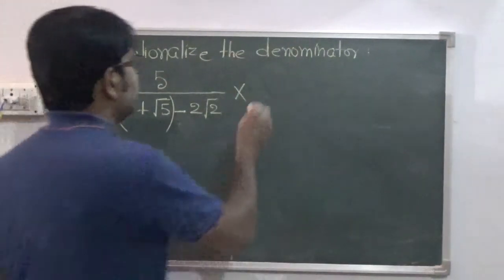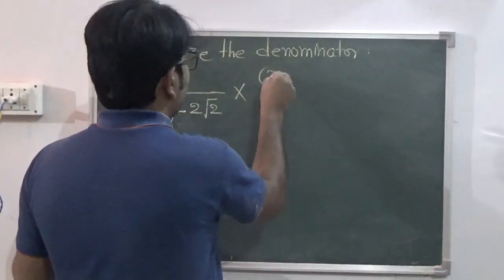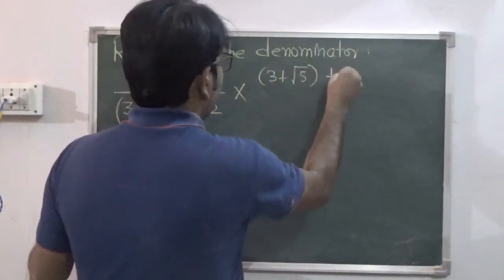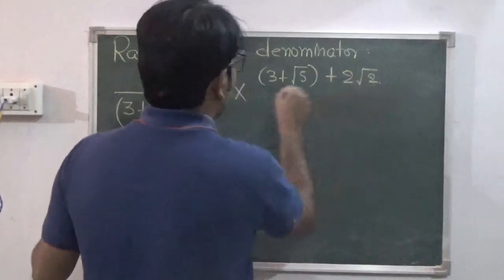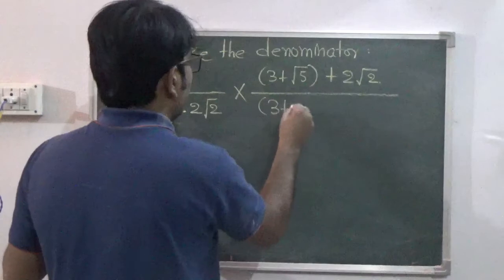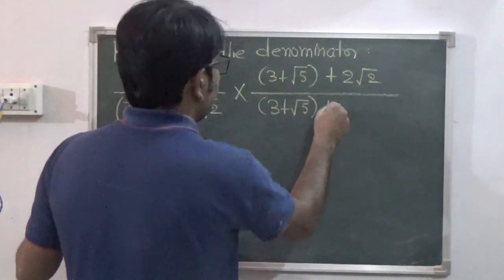Okay, so this will be 3 plus root 5 plus 2 root 2 divided by 3 plus root 5 plus 2 root 2.